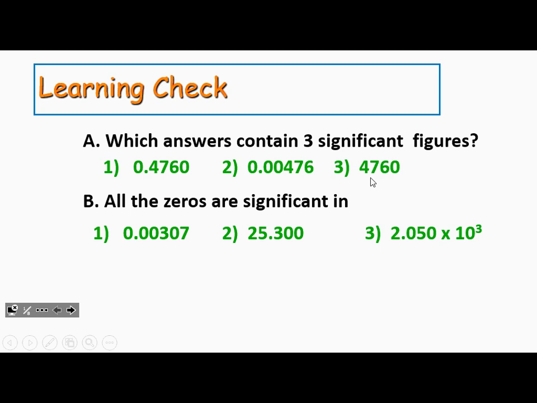Look at B here, Carly. What do you think? All the zeros are significant in which one of these or more of these? Are all the zeros significant in number 1? Okay, let me go back. Look at rule number 3, Carly. What does rule number 3 say? Read it to me.